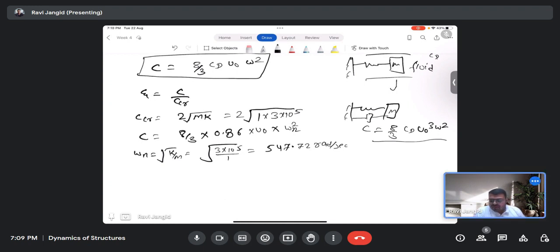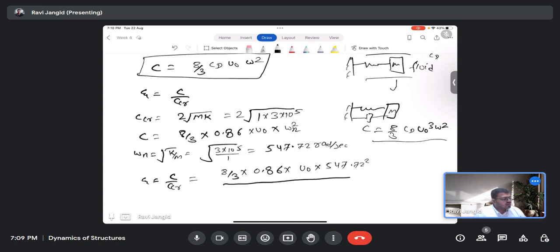So my damping ratio will come out to be xi equals C over C critical. So C is 8 by 3 pi, 0.86 u naught, 547.72 square divided by 2 into 3 into 10 raised to power 5.